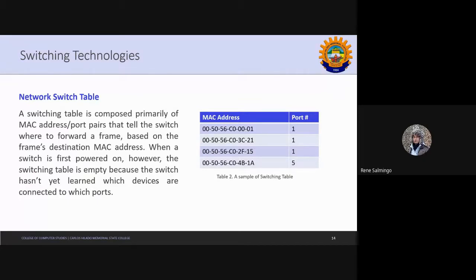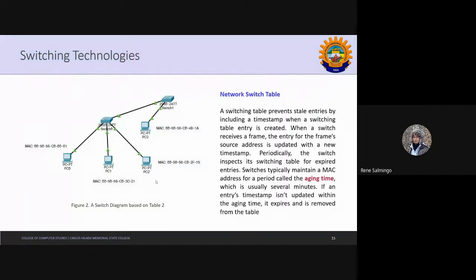That's why it takes time for your switch to identify your physical addresses when it's turned off and on. So this is one example that we can have. The switching table prevents stale entries by including a timestamp when a switching table entry is created.